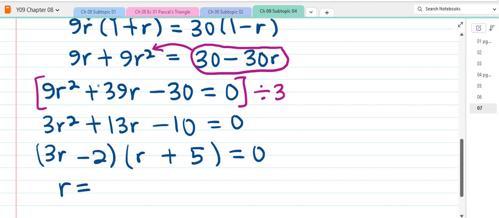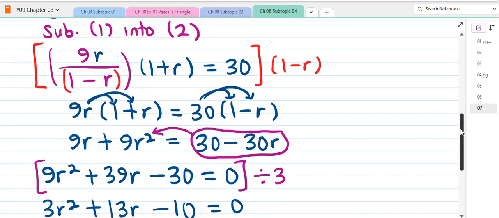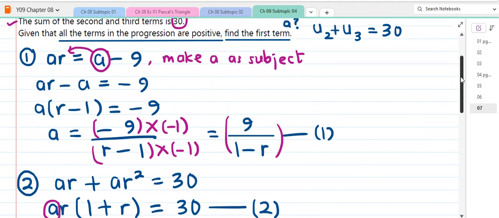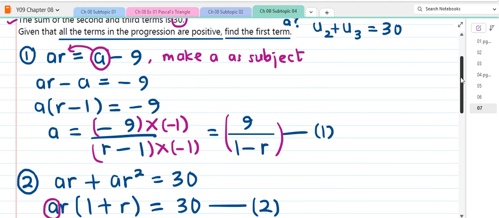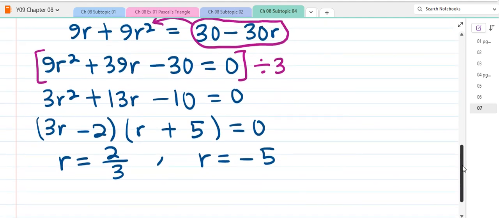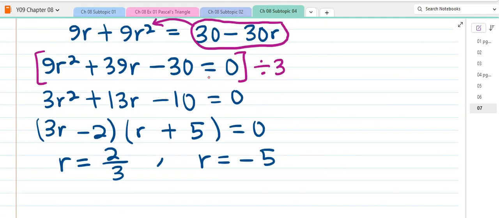The first value over here is 2 over 3, and the second value will be negative 5. Since in the question, it says that all the terms in the progression are positive, you have to use r as 2 over 3, not r equals to negative 5. So here, this is your r.